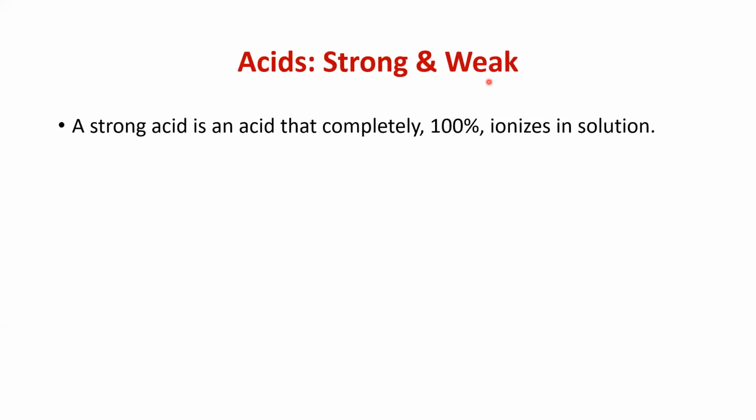So when we look at an acid and we say that that acid is a strong acid, what we mean by that is it 100% ionizes in solution. Hydrobromic acid is an example of a strong acid. If we were to put it into water, 100% of it is going to donate its proton to the water.